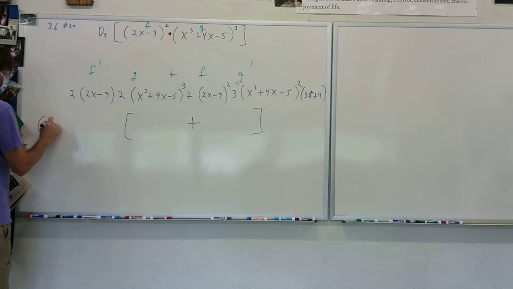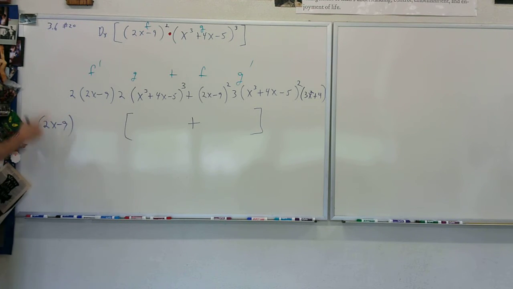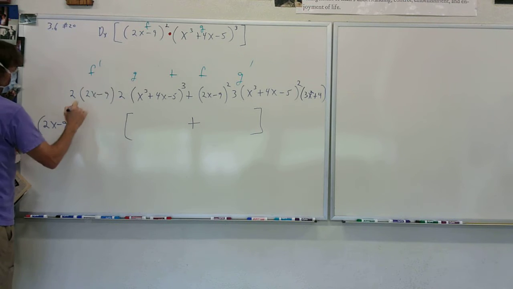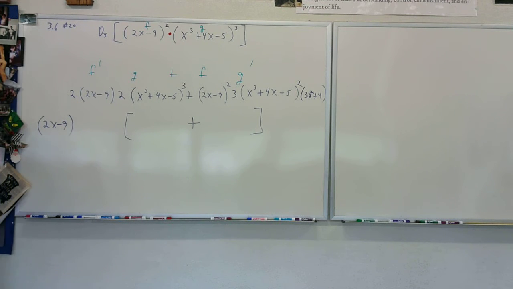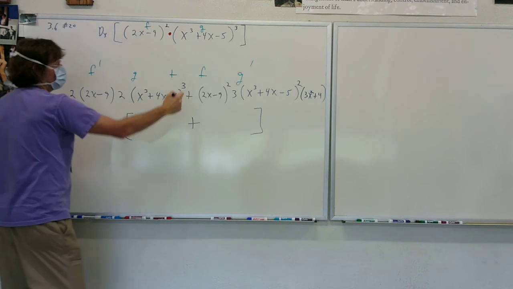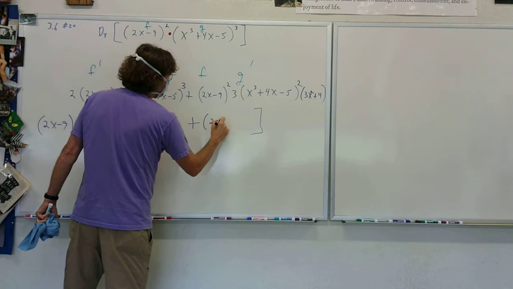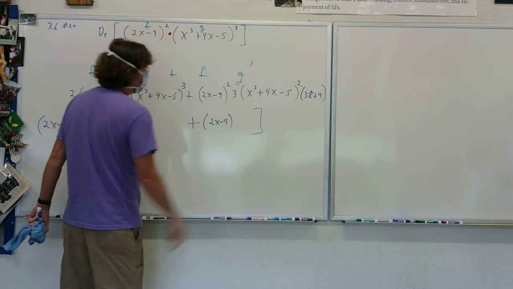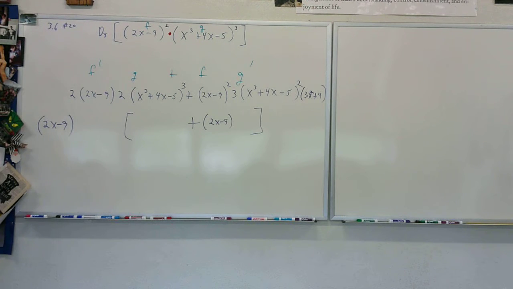You've always factored out to which power? The lowest. And so we got a 1 here, and we got a 2 over there, so we'll factor it out to the power of 1. So that one completely factors out. And this one factors out and leaves a power of 1. And that's what we want, those parentheses left with power of 1.